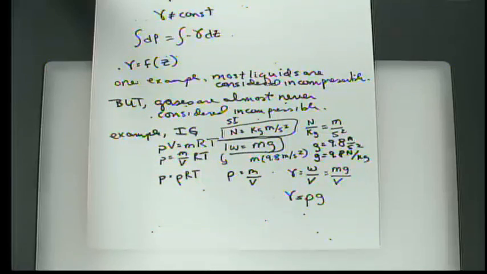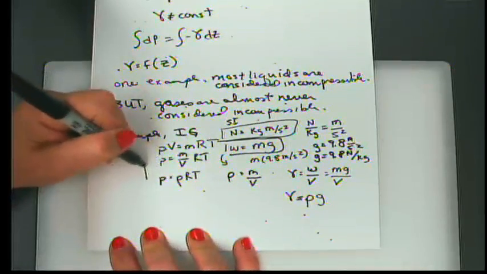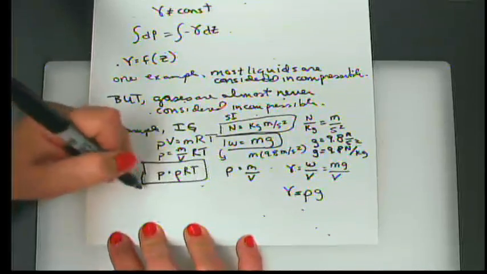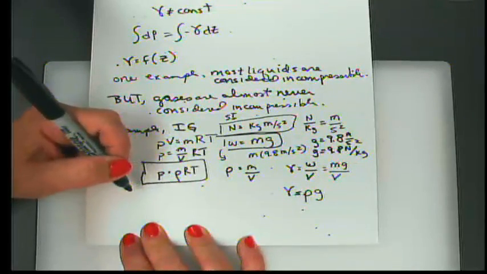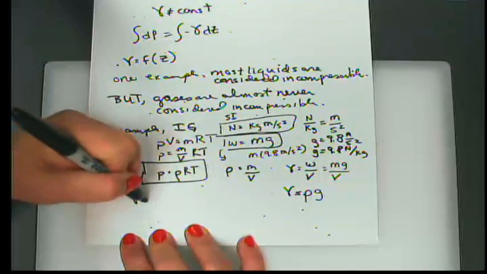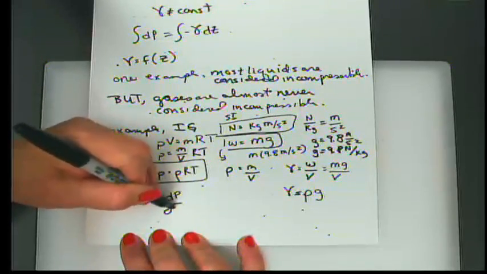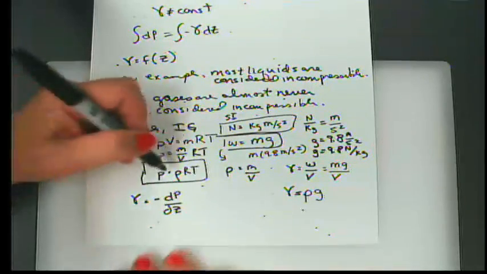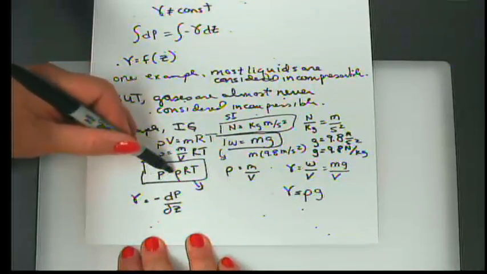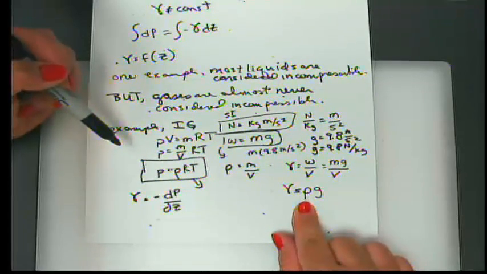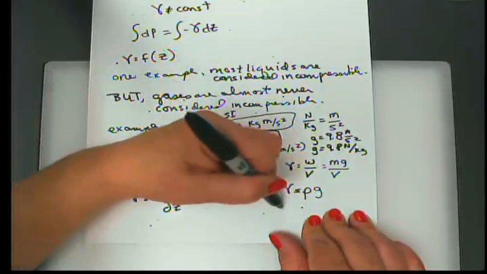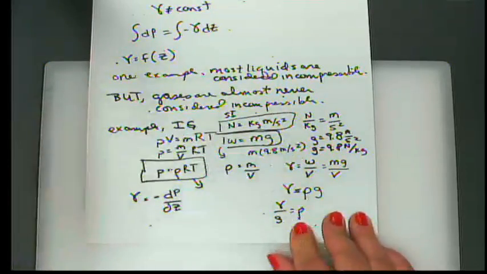All right, so combining these ideas, if I take this equation and I think about a pressure gradient, I say that gamma is equal to minus dP over dz. And since gamma is equal to density times gravity, I could then say that gamma divided by gravity is equal to density.